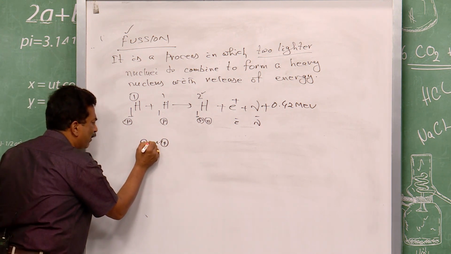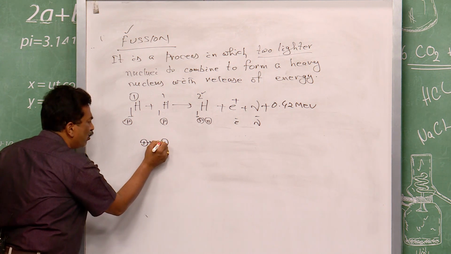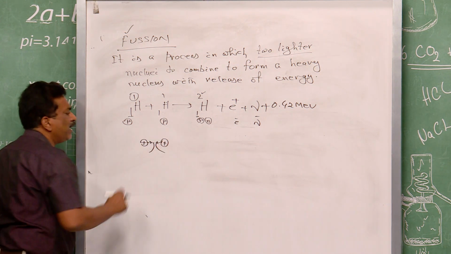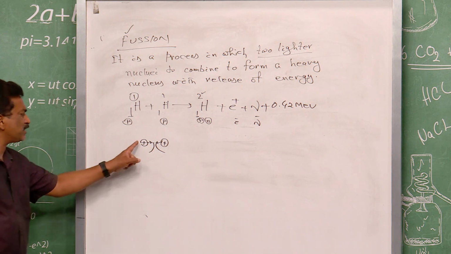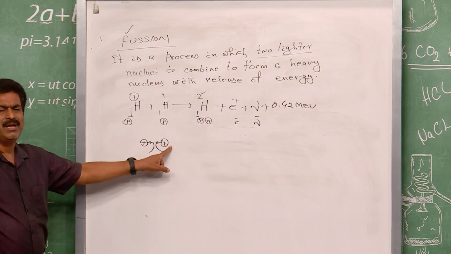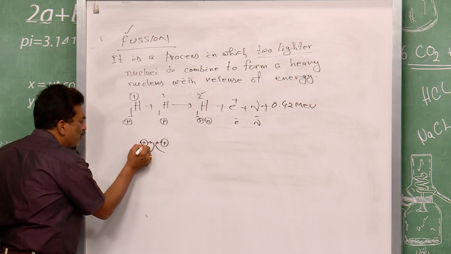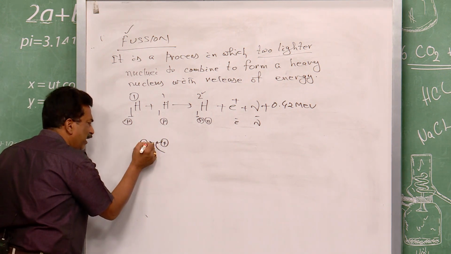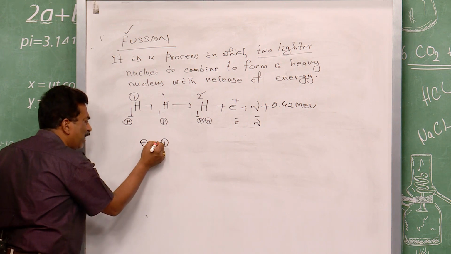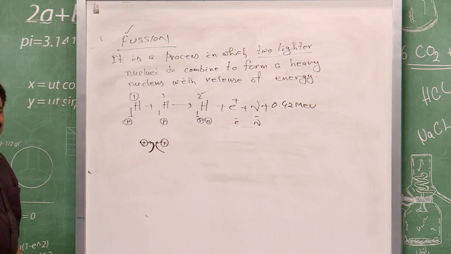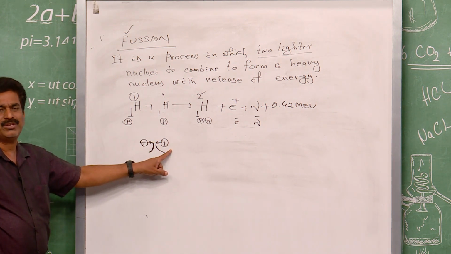Because this is a plus charge and this is a plus charge, 2 positive charges will repel each other. So as we try to bring them nearer, there will be a repulsion, and they will not come near to each other.